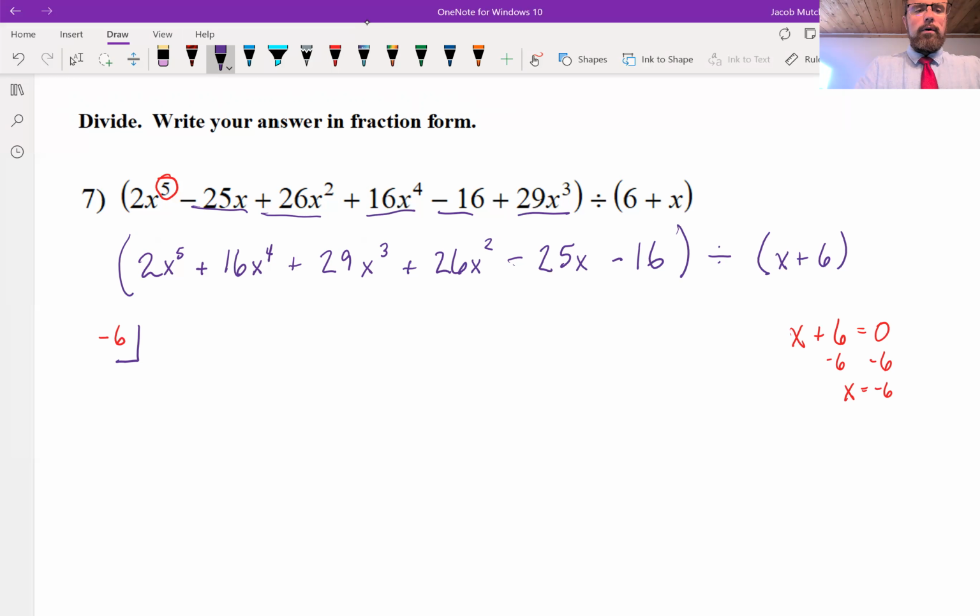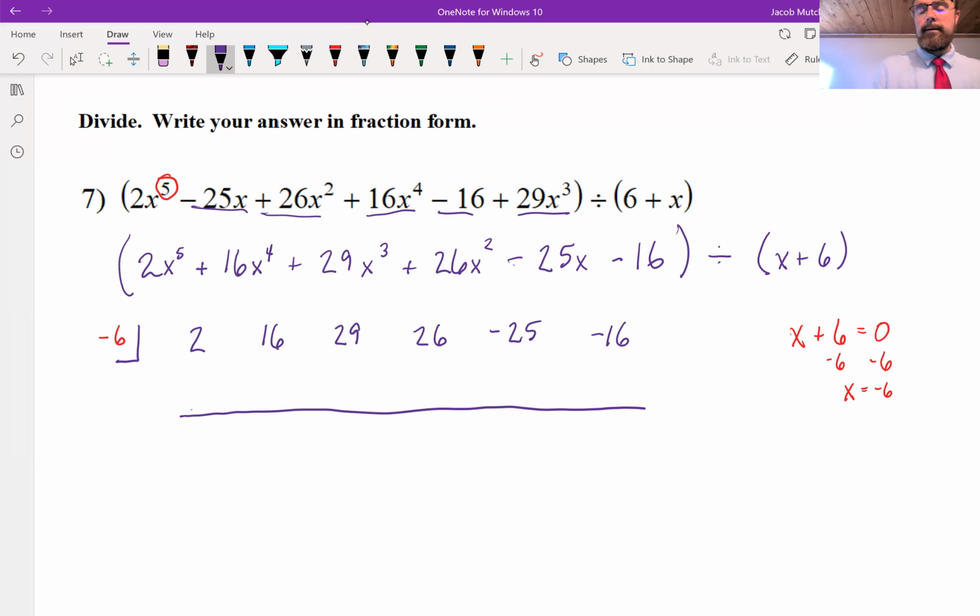Then I'm going to take the coefficients just as I did previously: 2, 16, 29, 26, negative 25, and negative 16. And you can see the importance of putting it in order. It really makes this synthetic division possible. It's got to be in order from highest exponent down to lowest. So now we're ready to run the process.